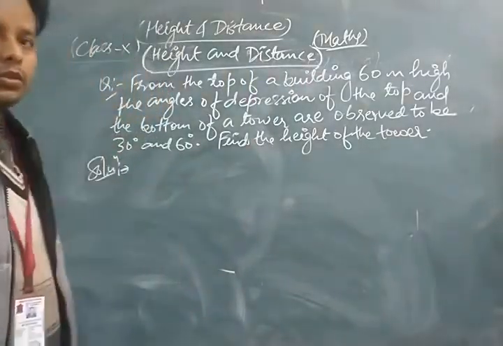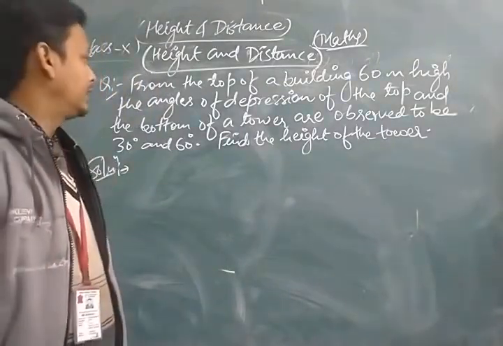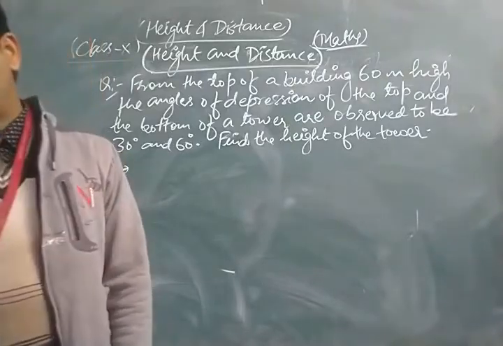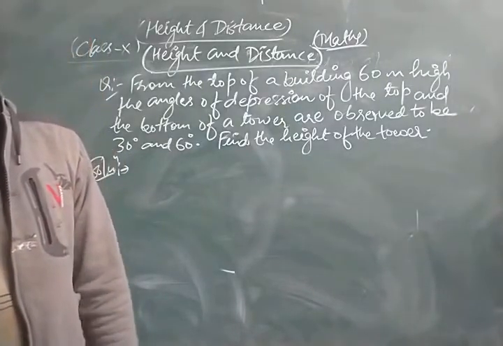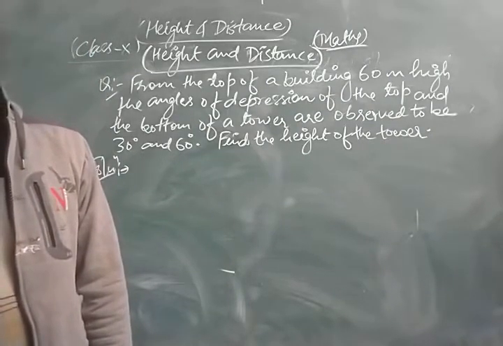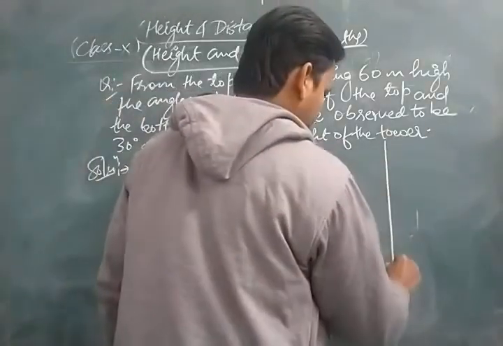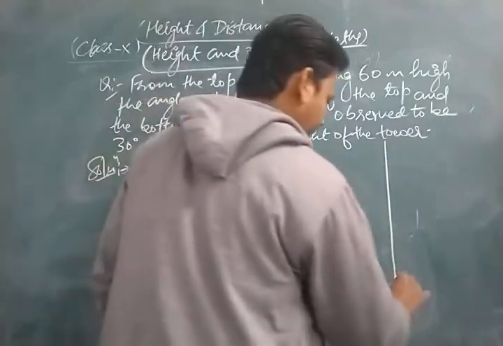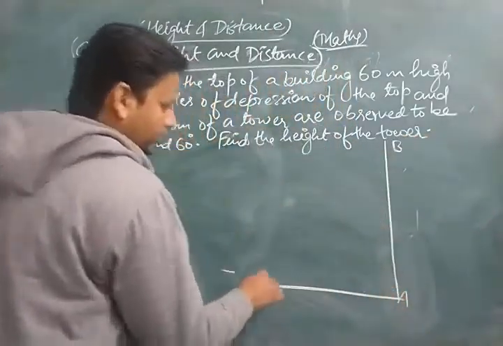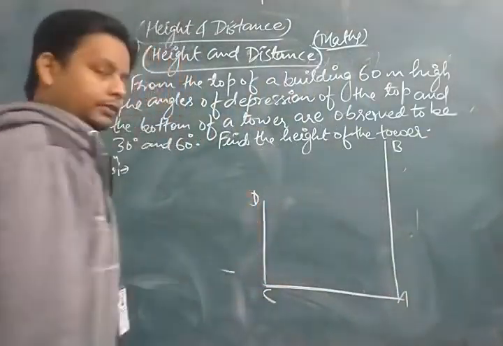Okay, now look here. From the top of a building which is 60 meters high, the angles of depression of the top and the bottom of a tower. First of all, let AB be the building placed on the horizontal surface, and CD be the height of the tower.